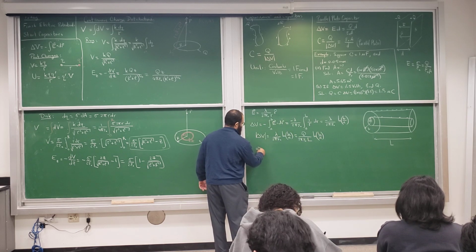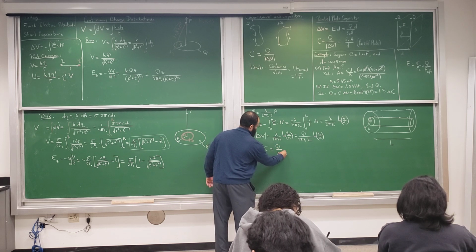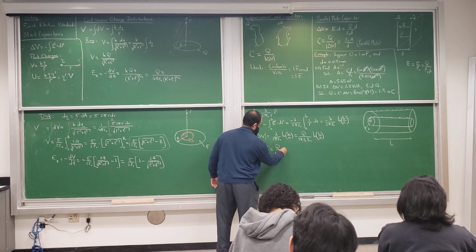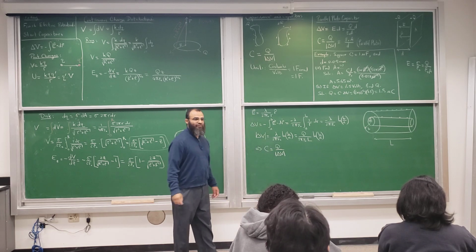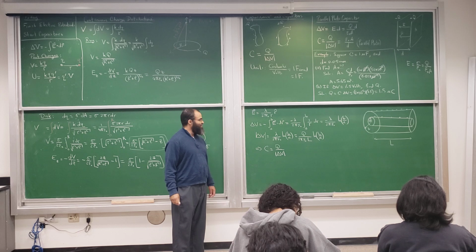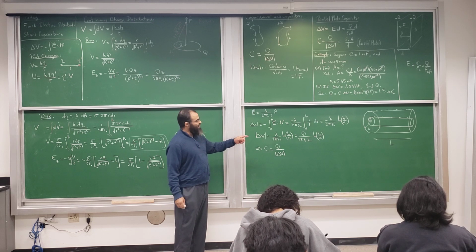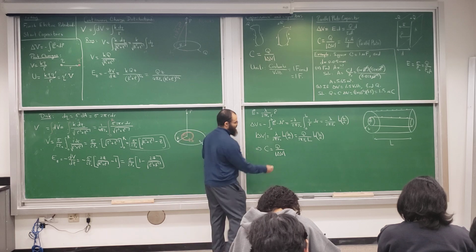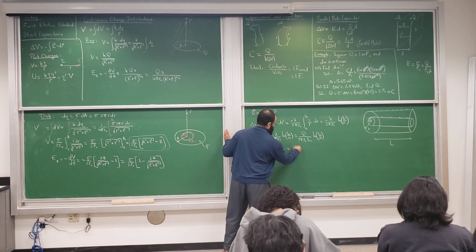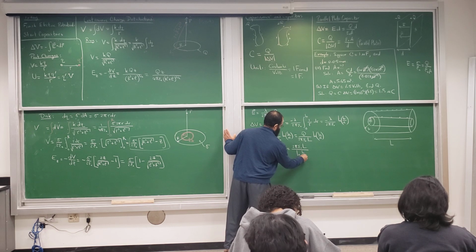And so capacitance is Q over delta V. Okay, so you have that ratio. The Q goes away, right? Take the ratio, and the fraction gives 2 pi epsilon naught L over the natural log of b over a.